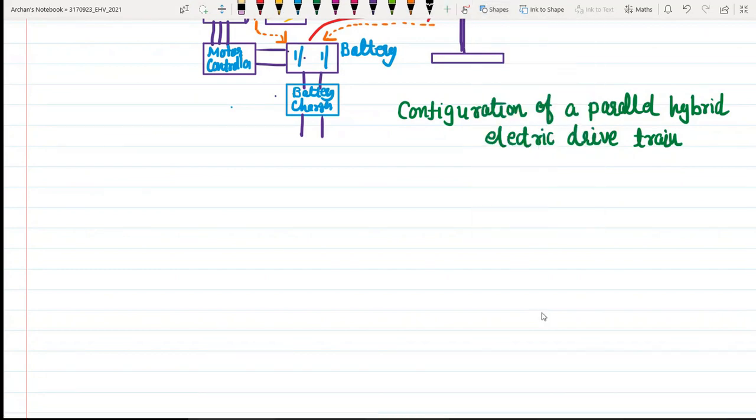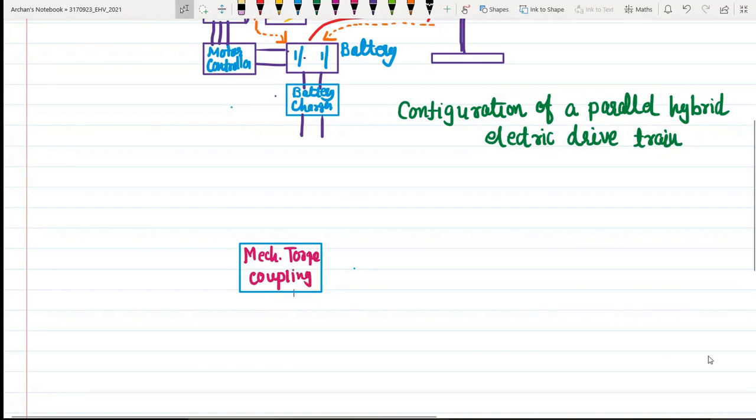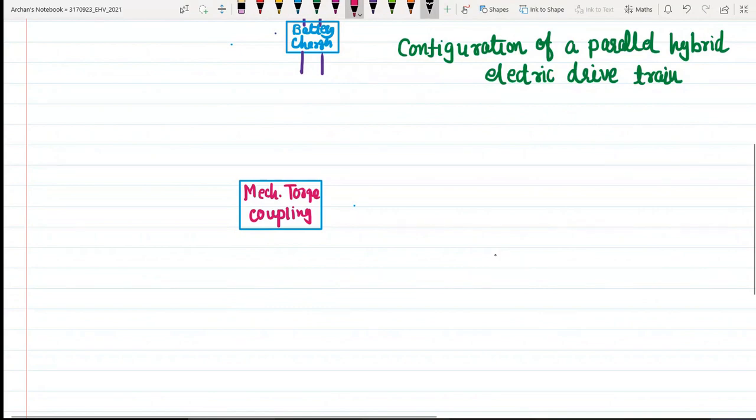So we have this coupling, right? This is my mechanical torque coupling. So there are two possibilities of the torque. The first torque generated by IC engine, second torque generated by battery, that is electric motor, and we are getting some output torque over here.